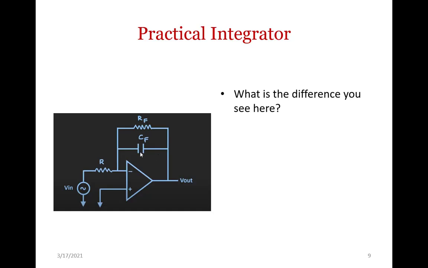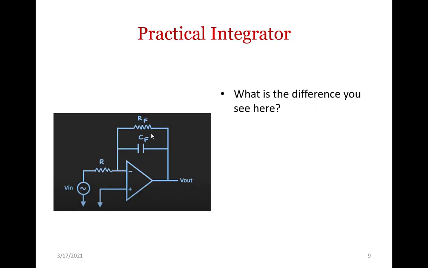So, what does this mean? The capacitor is a component which varies with frequency, and at low frequencies the capacitive reactance becomes very high, and at very high frequencies the capacitive reactance becomes low.